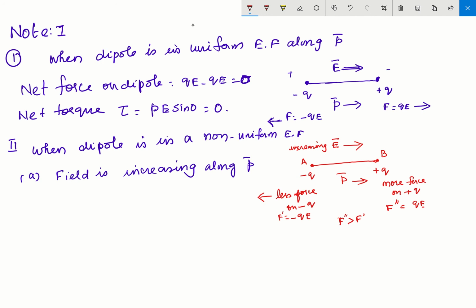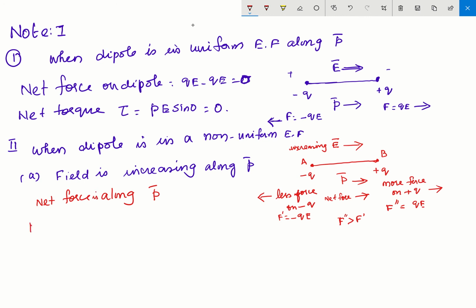Net force will be in this direction only, because more force is in this direction now. Therefore, net force will be in this direction. Right? Net force is along P.